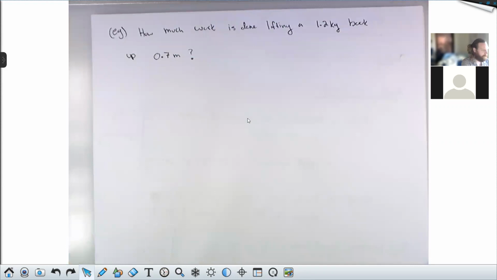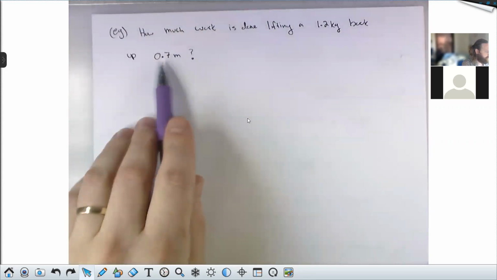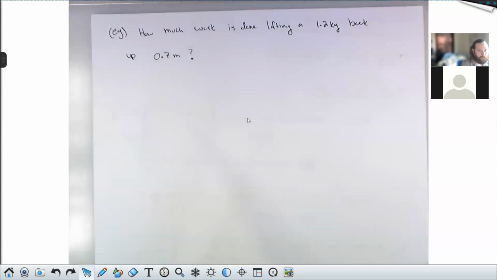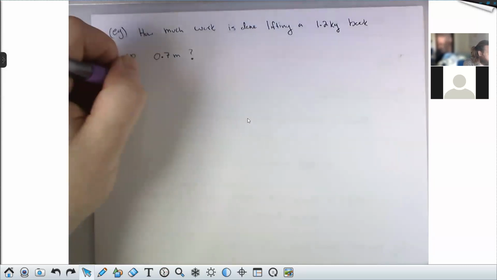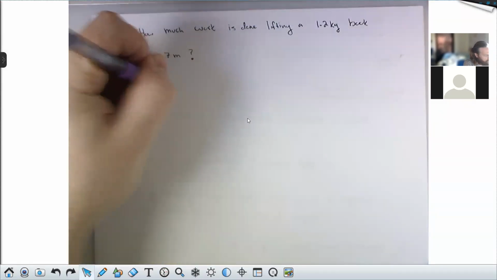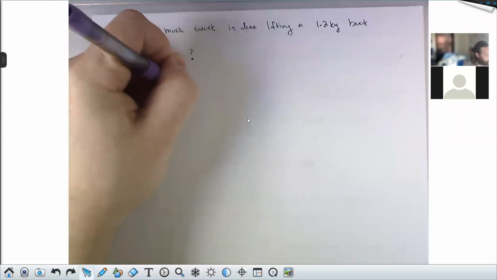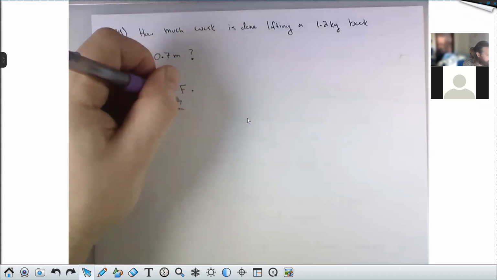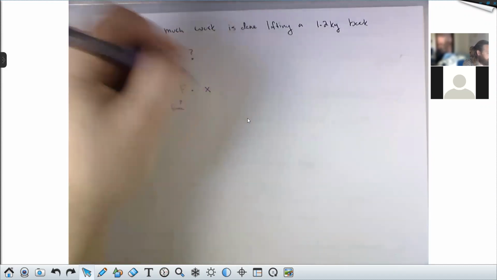This is not terribly hard because everything is given to me in SI units. The mass is given in kilograms. The distance is given in meters. And we know that work is equal to the force times the distance.